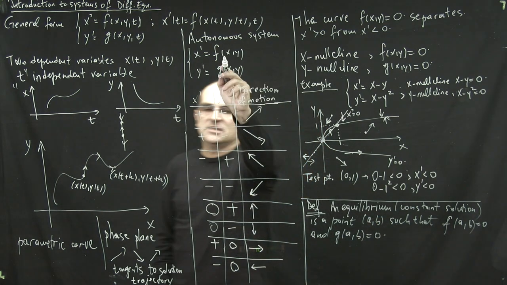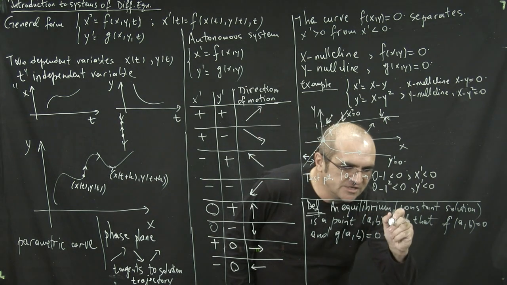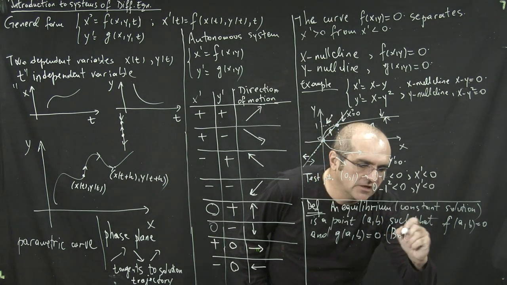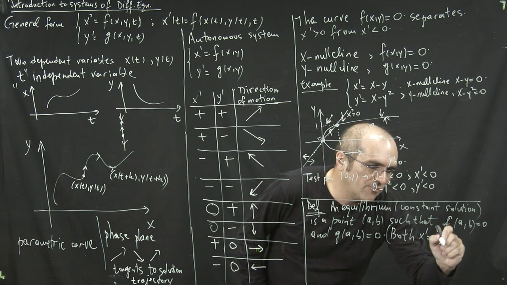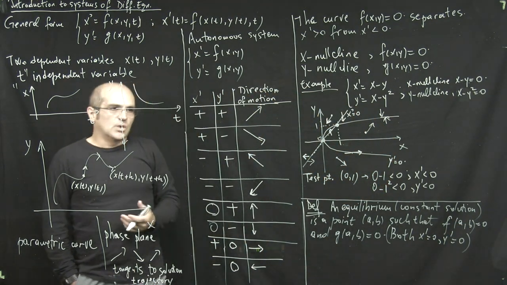Remember the notation in the system here. That means a point in which both derivatives are 0. So let's put this in parentheses: both x prime is 0 and y prime is 0 at that point. It's a point in which both derivatives won't change.